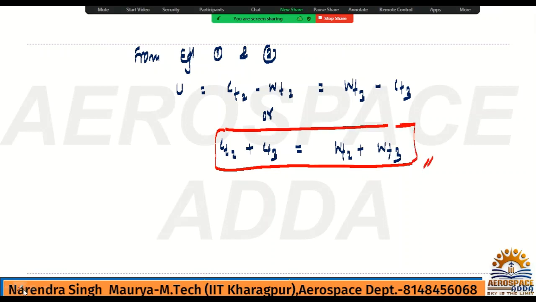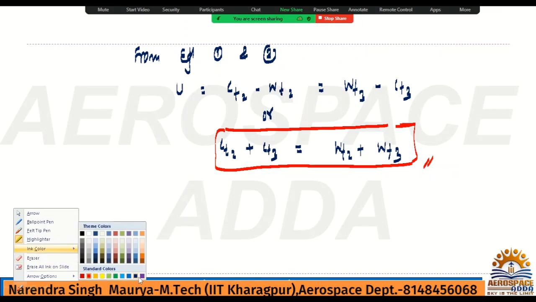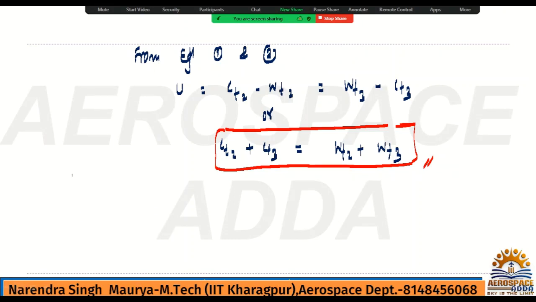Make a point. Now from the same triangle, from inlet and exit, both we need to check.